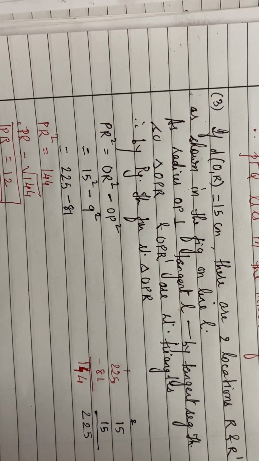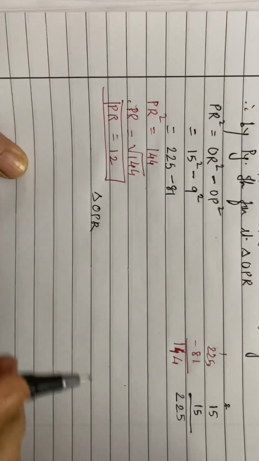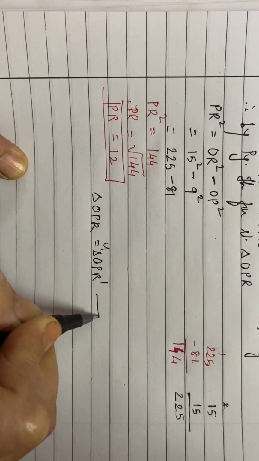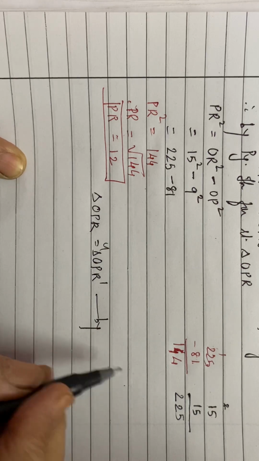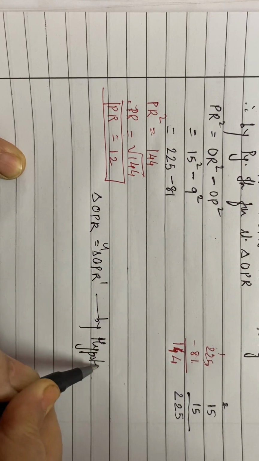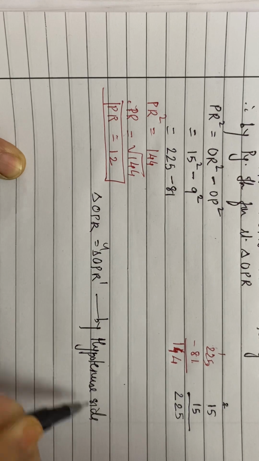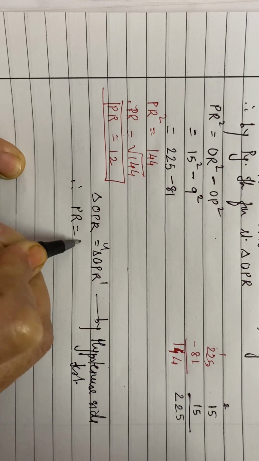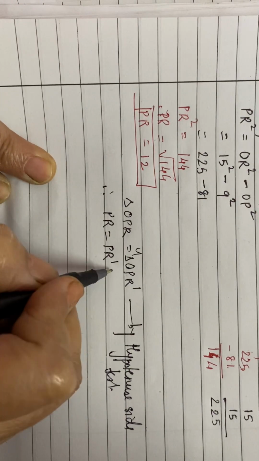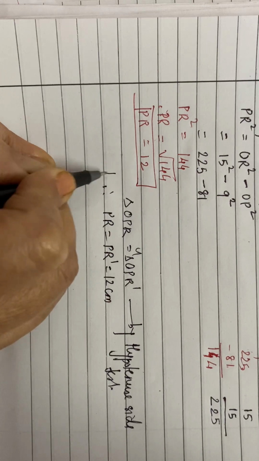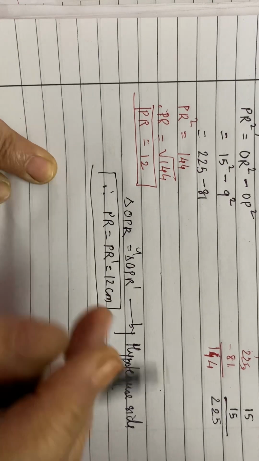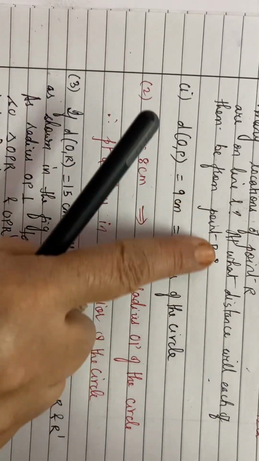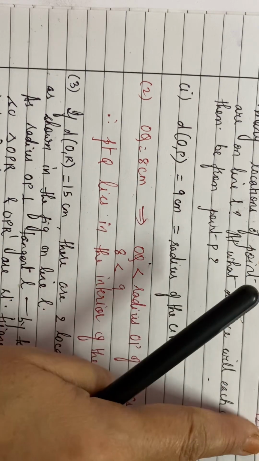Triangle OPR is congruent to triangle OPR dash by hypotenuse side test. Therefore, PR is equal to PR dash, which will be equal to 12 centimeter. So what is the location? At what distance will each of them be from point P?